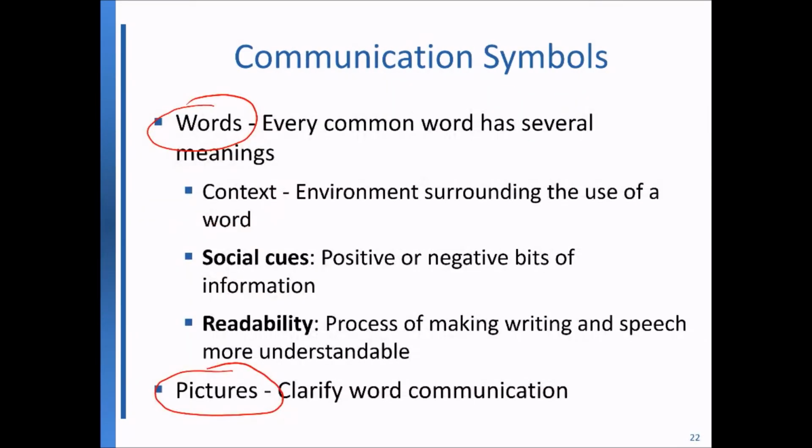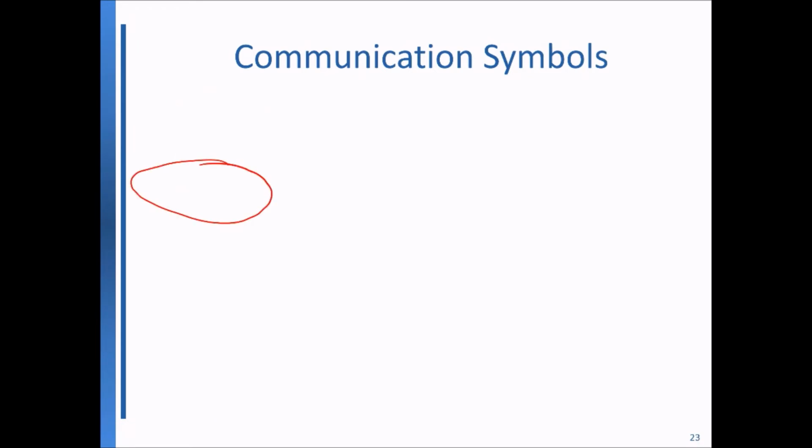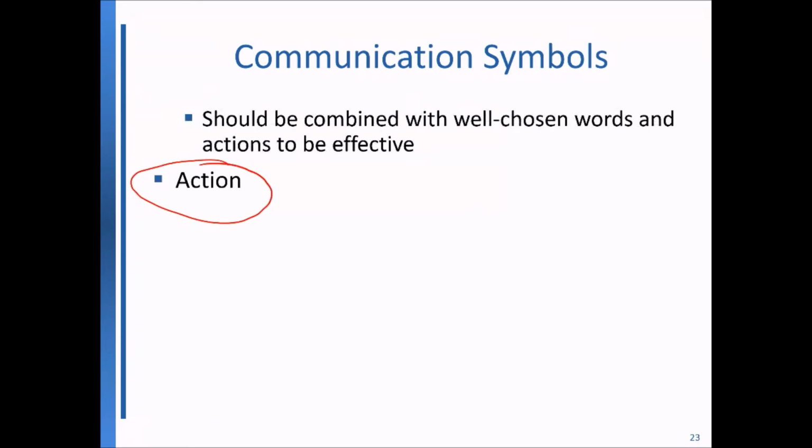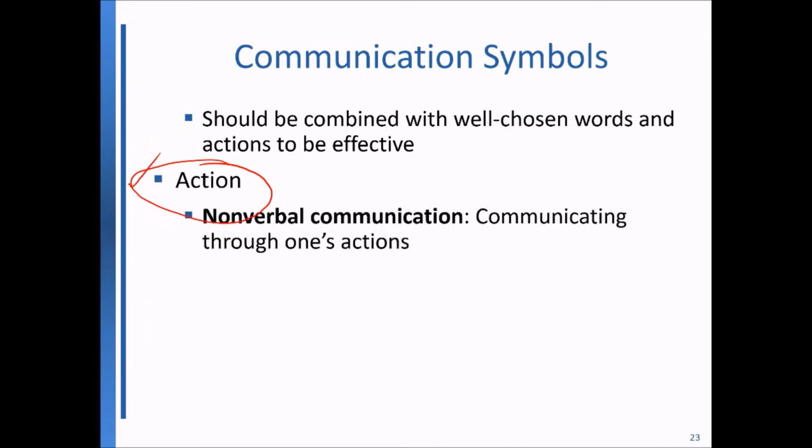Okay, what are the symbols that we use in communicating? So we have words, we have pictures, and we have action. Okay, in action, we have what we call non-verbal communication. So this type of communication is using actions and symbols only.